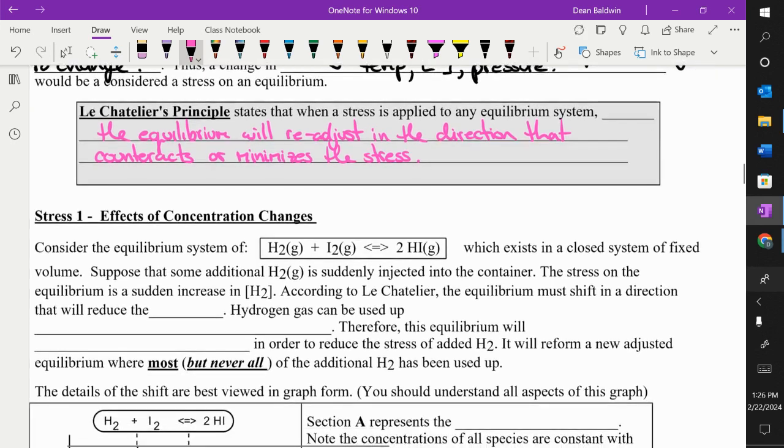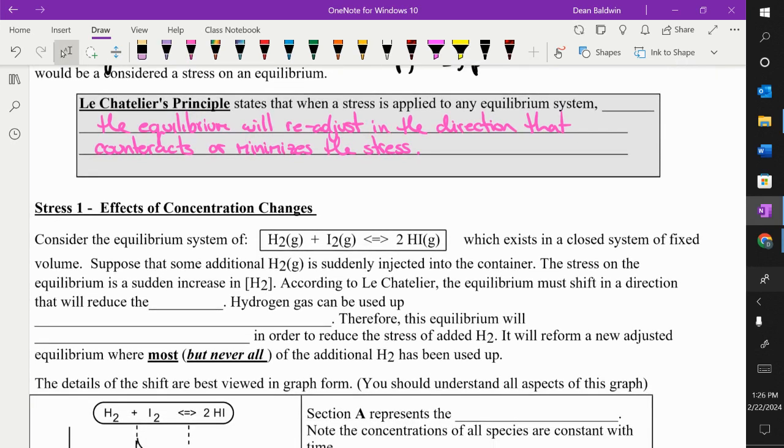Now that direction is going to change depending on what exactly the reaction is.